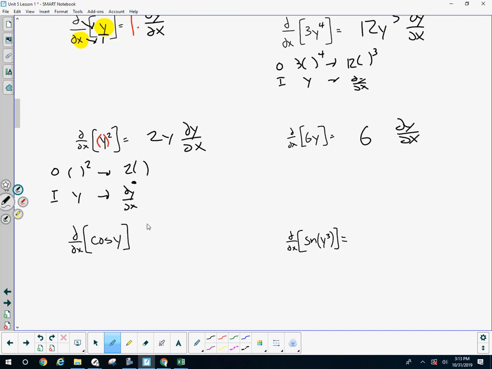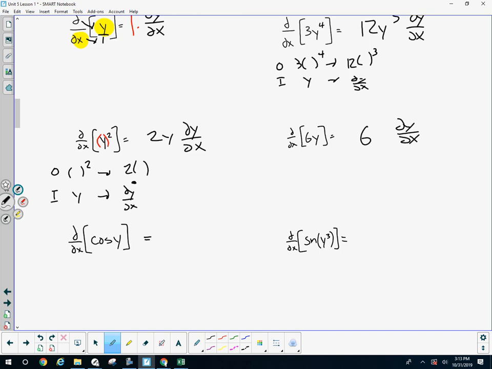Now, cos y. A lot of us will actually get cos y wrong because we're thinking a little bit too hard, and we're not thinking about the derivative of cosine x. Is the derivative of cosine x negative sine of 1?